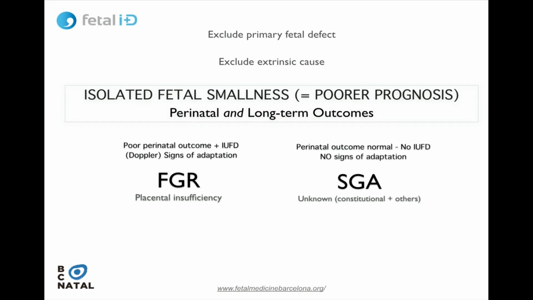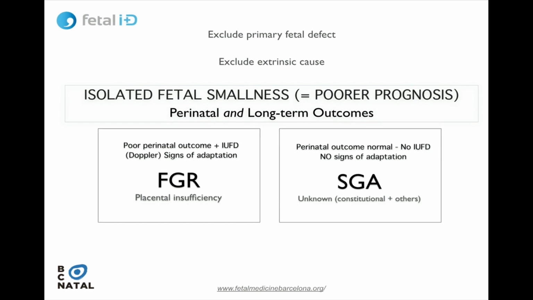But by convention, it's an arbitrary convention, we call them like that. When we think it's high risk, we call it fetal growth restriction, and when we think it's low risk, we call it small for gestational age, which is confusing because both are fetal growth restriction, and both are small for gestational age. It's only that one of these groups is associated with a higher risk and the other with low.